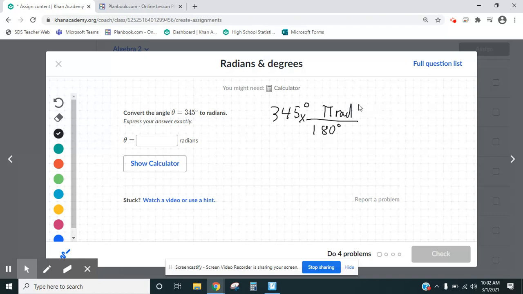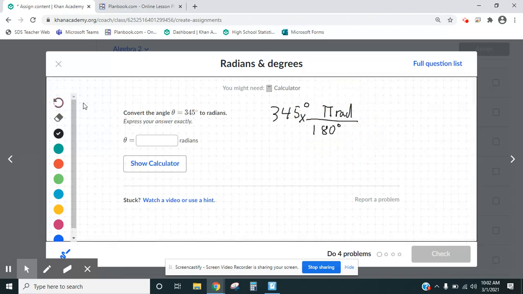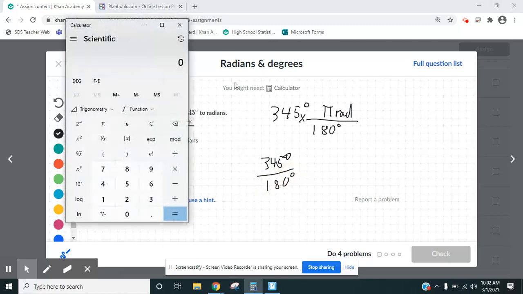I set it up this way with degrees on the bottom, and I'm turning it into radians. It says express your answer exactly. So when we do this, don't type in the pi when you have your answer. Let me show you what I'm saying. Even though it says take pi divided by 180, what I'm actually going to do is take 345 divided by 180. But I want to write that as an exact fraction.